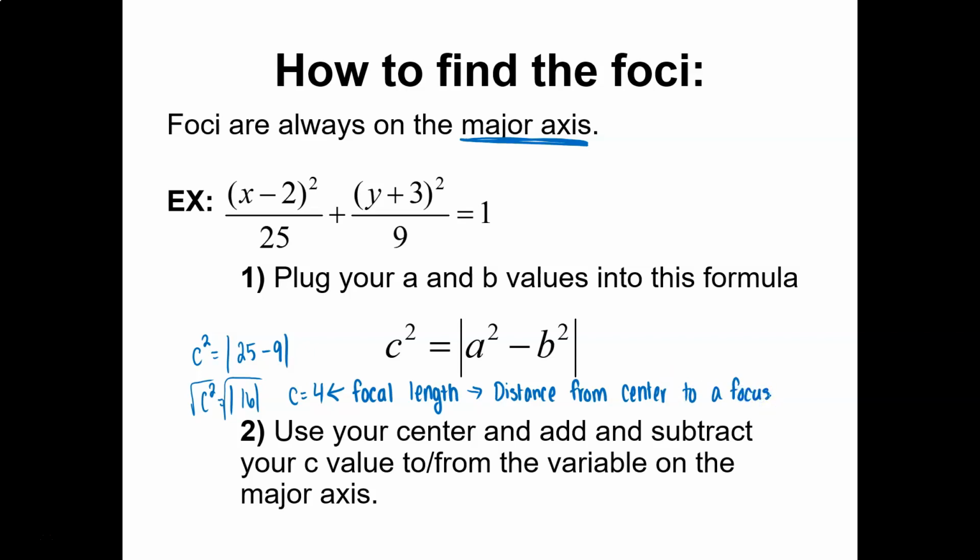I'm saying focus because we're only talking about one, but it's either one. So from the center to one of the two foci, the distance should be 4. Okay, so you're going to use your center and add and subtract your C value to or from the variable on the major axis. So let's think about what happens for this problem.